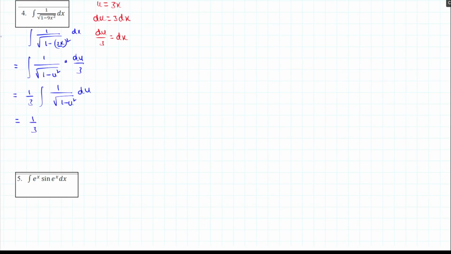This is the integration of sine inverse. So that is sine inverse u plus c. So this is 1/3 sine inverse of u, where u equal to 3x, plus c.